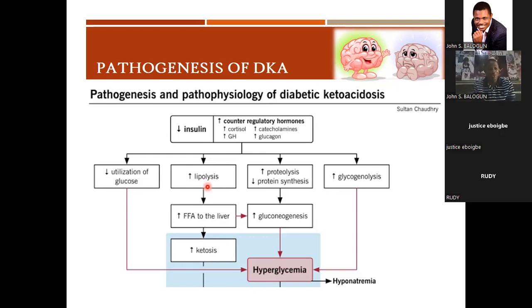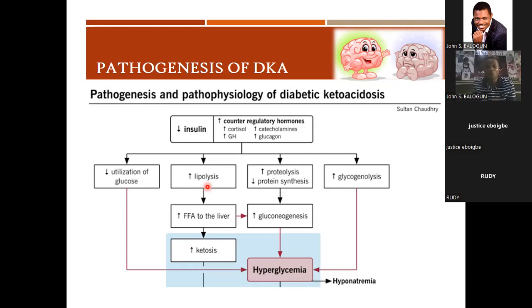Now, what are the ketone bodies that we have? We have the acetone, we have the butyric acid, and then we have the acetone. The three of them form the ketone bodies that are produced from free fatty acids. The free fatty acids are produced from lipolysis. So the end result is that there will be ketoacidosis.